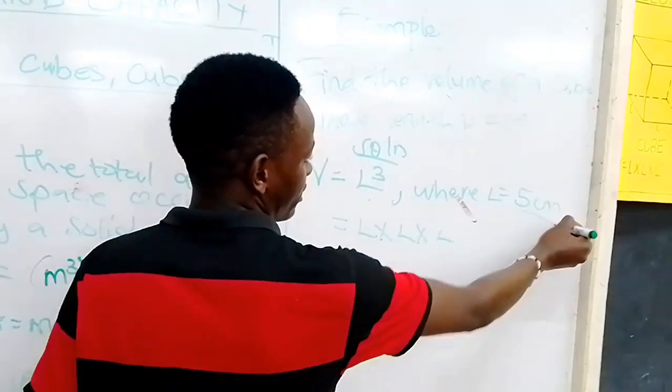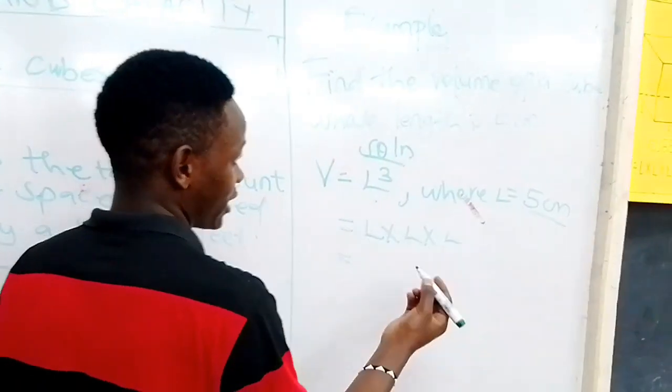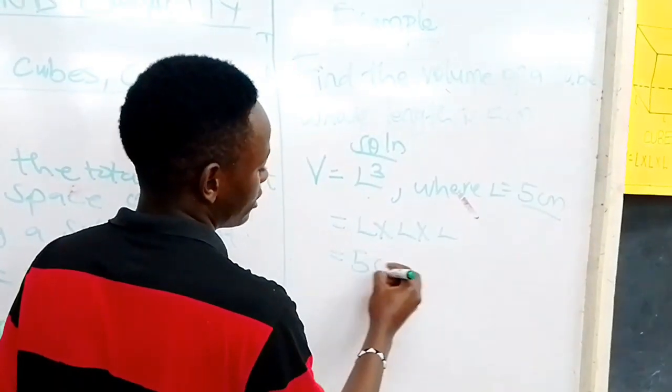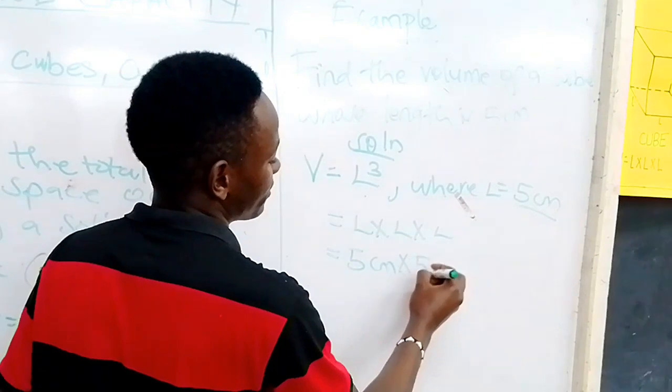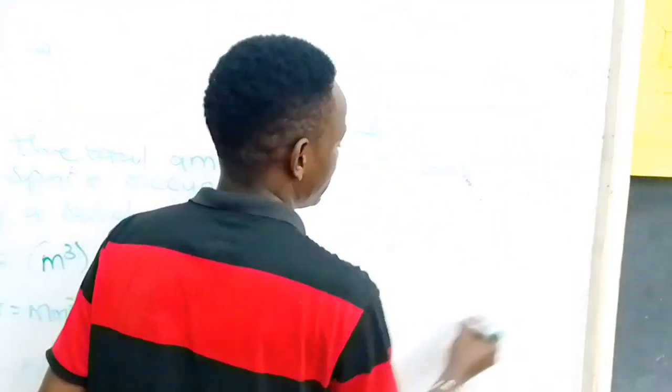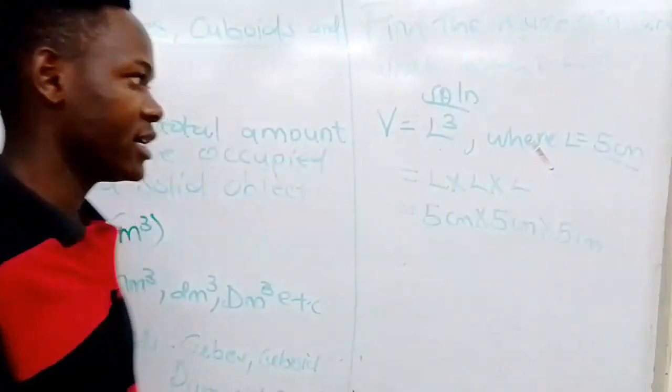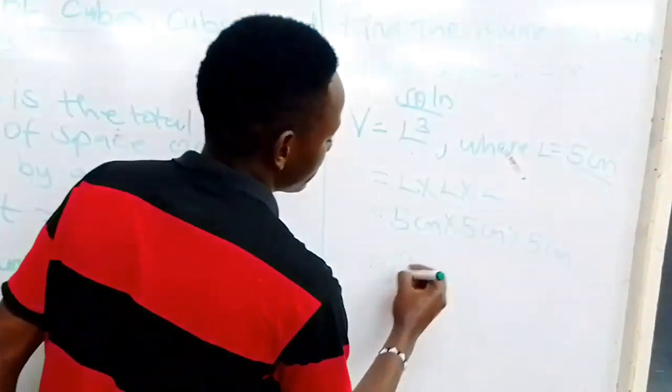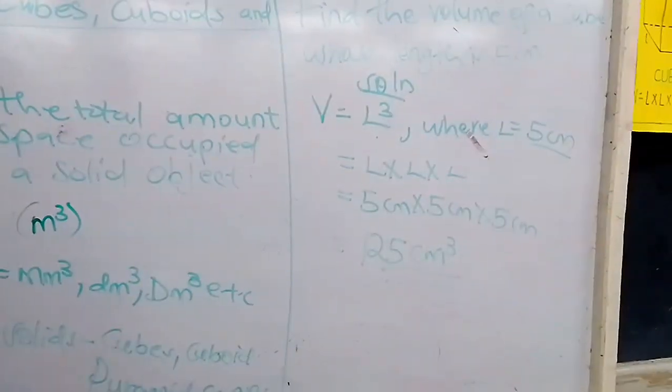Replacing our given length of 5 centimeters, we have 5 centimeters multiplied by 5 centimeters multiplied by 5 centimeters, where we get 125 centimeters cubed.